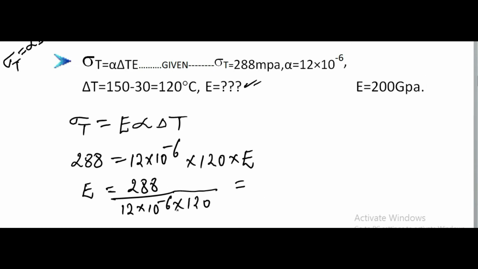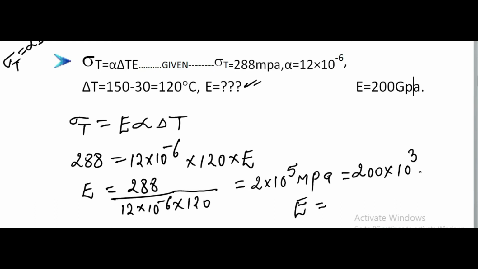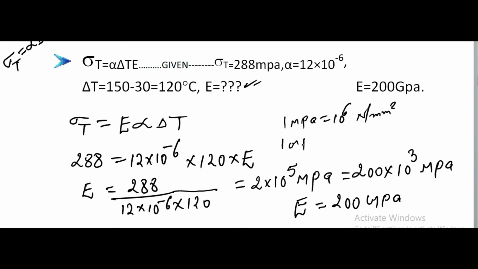After calculating this equation, we get 2 into 10 to the power 5 megapascal. That becomes 200 into 10 to the power 3 megapascal, that is equal to 200 gigapascal, because we know that 1 megapascal is equal to 10 to the power 6 Newton per meter square, and 1 gigapascal is equal to 10 to the power 9 Newton per meter square.